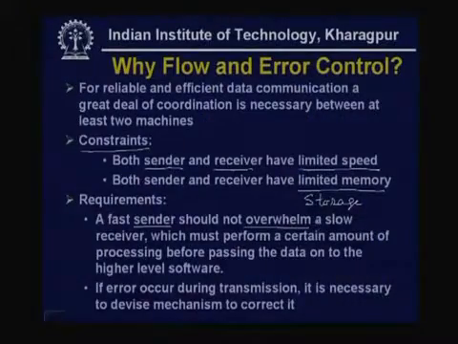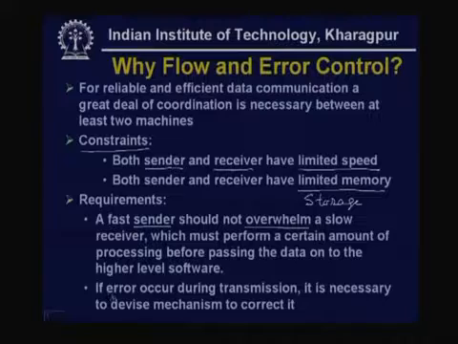That means the receiver will send some acknowledgement before the sender sends some data. By using that kind of coordination, the flow control, that overwhelming can be overcome, and data communication will take place successfully without any loss of information.